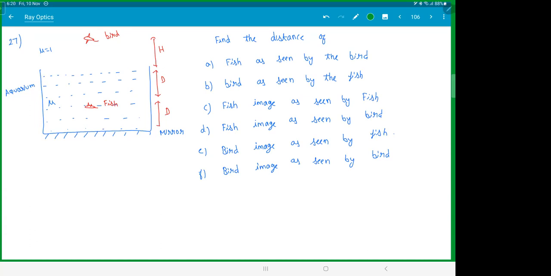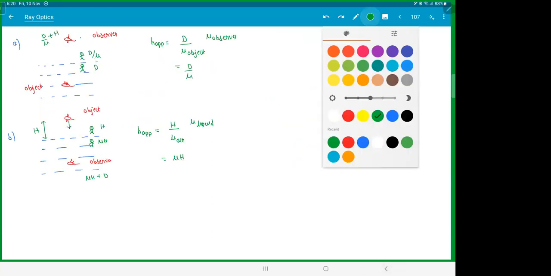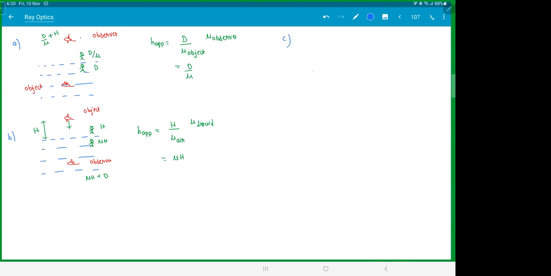C will be 2D, right? If you have a mirror and if you have the fish. Now see, mirror doesn't care about the medium. If you keep the fish in the water, the image also will be in the water according to the fish.